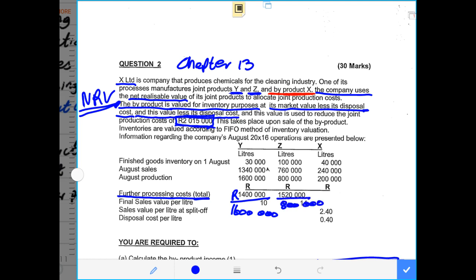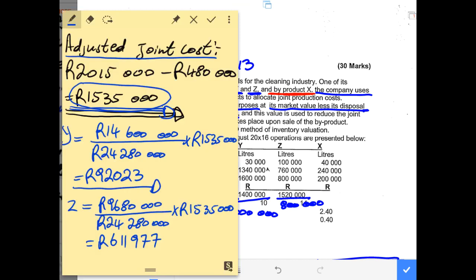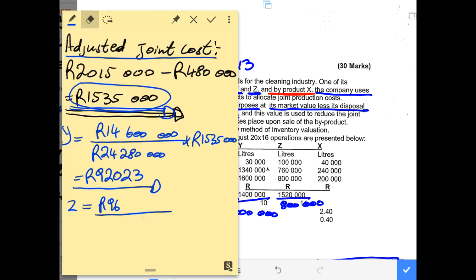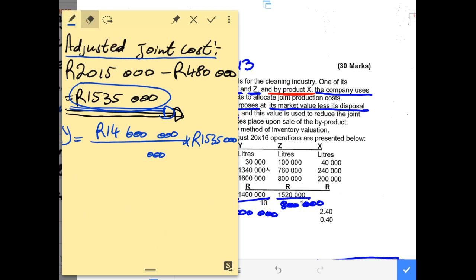Therefore, this will give us our further processing cost per liter of product Y and product Z. And this will give us the total unit cost after we've added the joint cost plus the further processing cost.